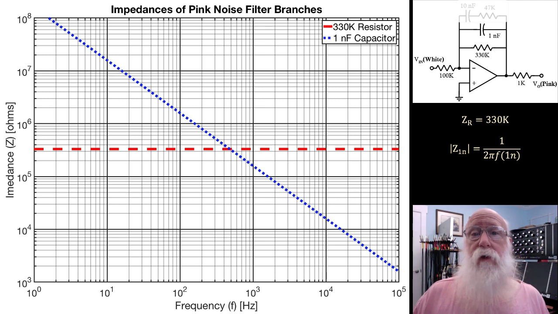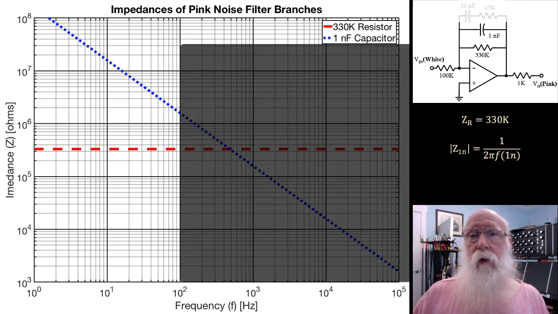Now note, if these were the only two components in our filter, it would act like a low-pass filter. Note that at low frequencies, below say about 100 Hz, the 330K resistor has a considerably lower impedance than that of the 1 nanofarad capacitor, and so the 1 nanofarad capacitor does not affect the overall impedance much at all, and that overall impedance is almost constant, thus the response of the filter is almost constant.